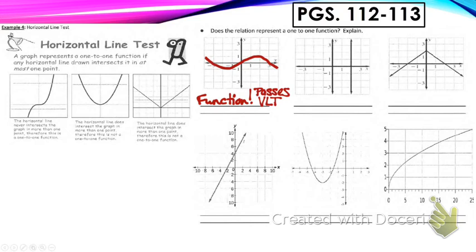Yes. Fails the horizontal line test, so it's not one-to-one. Like if I put my pencil right here, it crosses in 1, 2, 3 spots. So not one-to-one. Fails the horizontal line test.